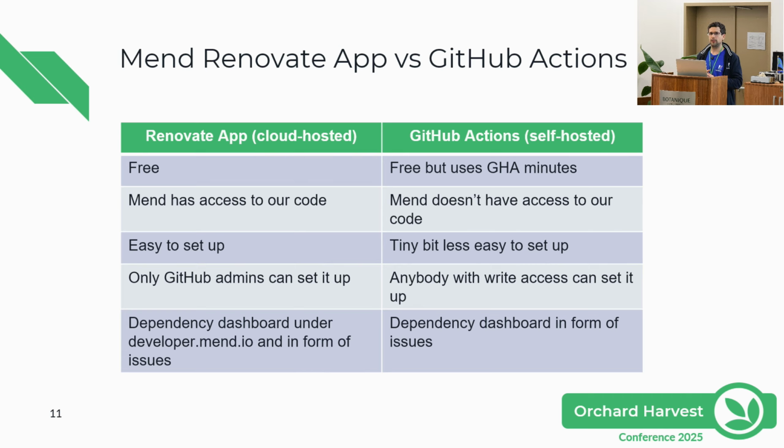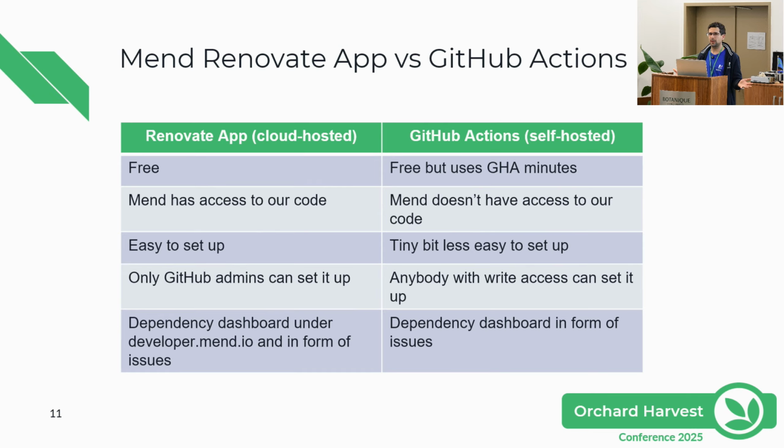If you are using the Mend Renovate app though, then at least in theory, Mend has access to your code. The company behind Renovate has access to your code since they are fetching it to their servers. Now, I don't think there is any reason not to trust them. It's a great company, but still, perhaps something that your policies would prevent. Whereas with GitHub Actions, nothing leaves GitHub.